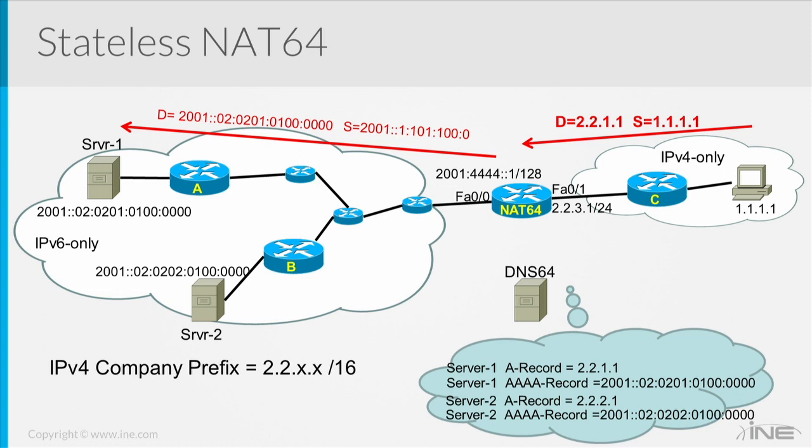And also for this to work, you might be thinking, well, when server 1 goes to reply to this, when he goes to reply in this direction, this will be the destination of the packet, right? When server 1 goes to reply back. Well, when that IPv6 packet hits router A, how's router A going to know what to do with that?